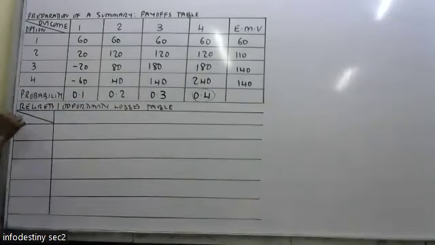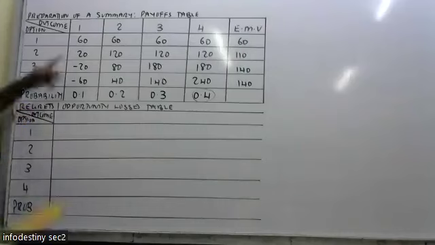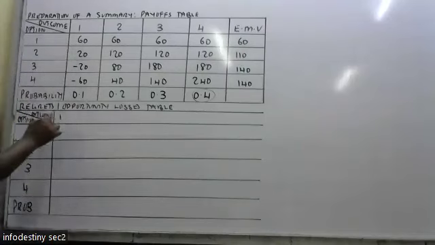So here we have the option, and here we have the outcome. So 1, 2, 3, 4, and the probability. This is how it's done. You come to the normal table, the initial one, and you pick the highest one in the outcome. So the highest value in outcome 1 is 60.